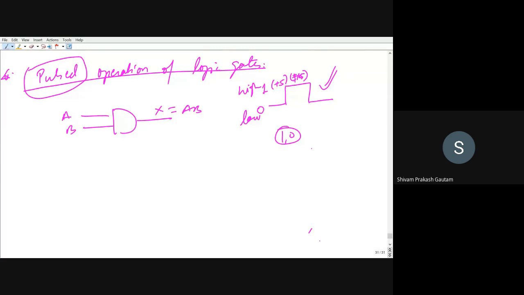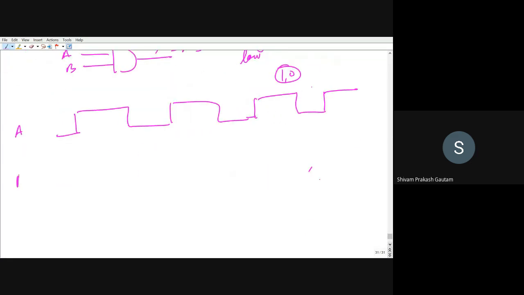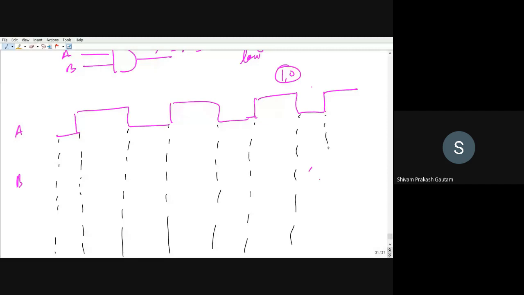So let us suppose this is my A signal, and I will be drawing the B signal.